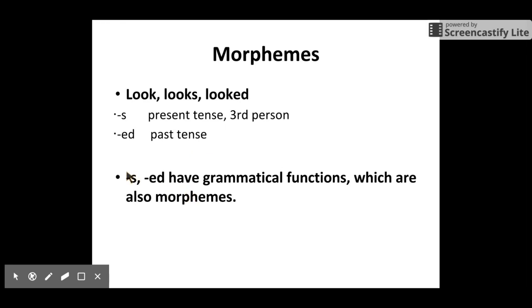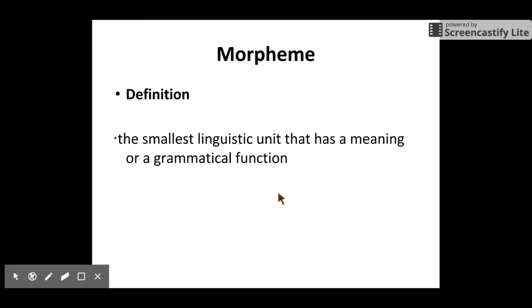Okay, they have grammatical functions, which are also morphemes. So we can have a formal definition of morpheme. Morpheme is the smallest linguistic unit that has a meaning or grammatical function. Okay, this is important.